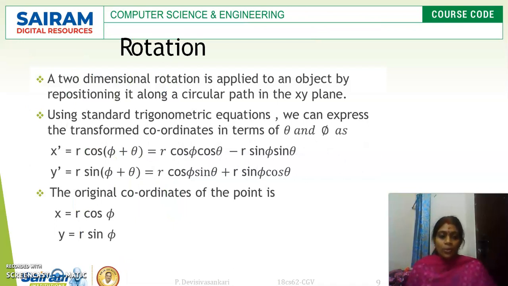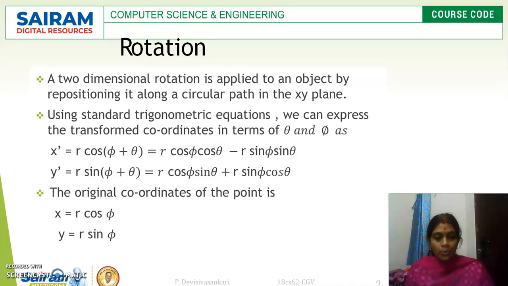Next comes the rotation part. Two-dimensional rotation can be applied to a particular object by repositioning it. Rotation happens in a circular path in the xy plane only. Here we are using basic trigonometric equations that you might have studied in 11th, 12th standard or in the first year.